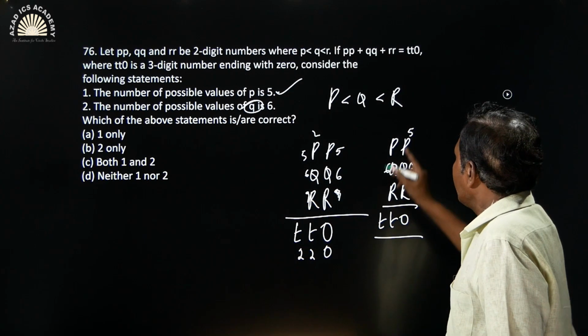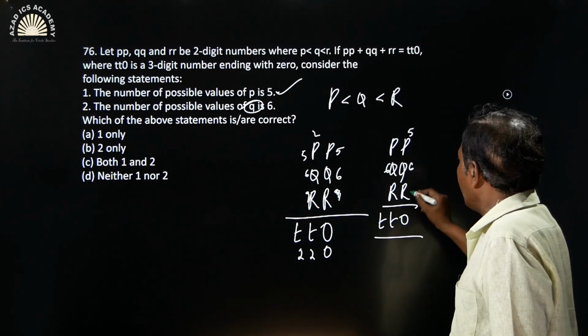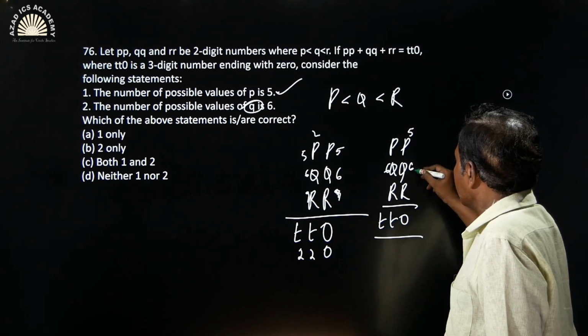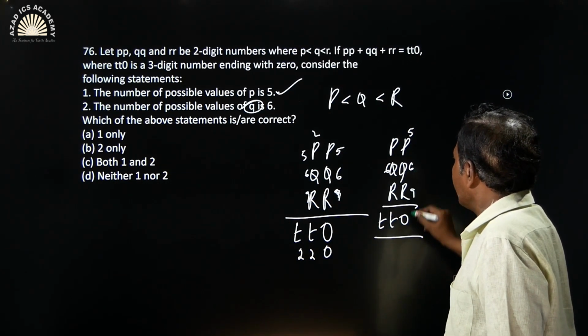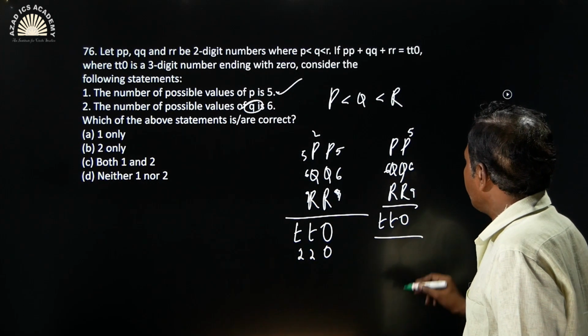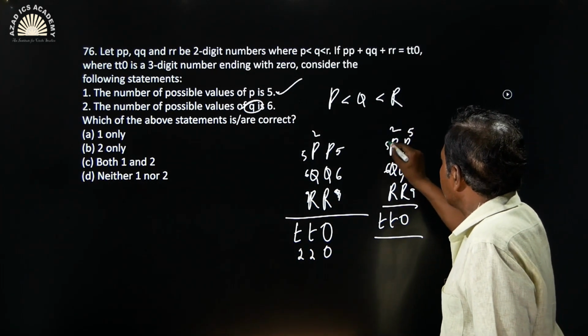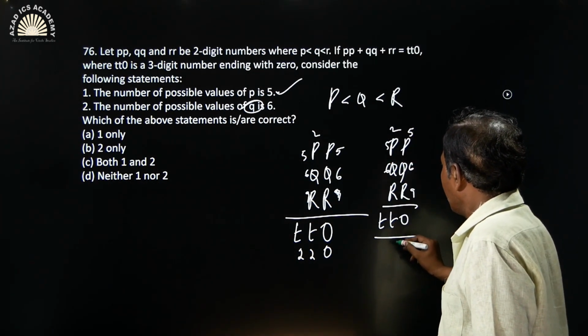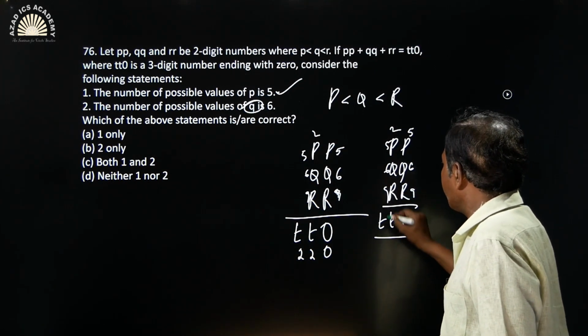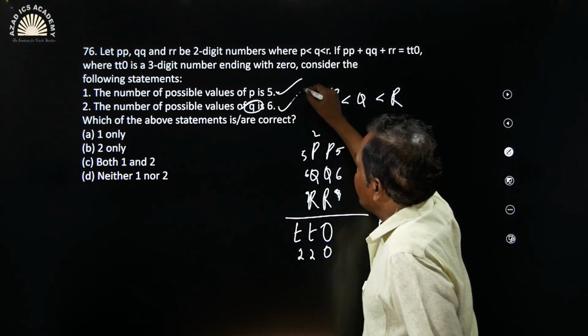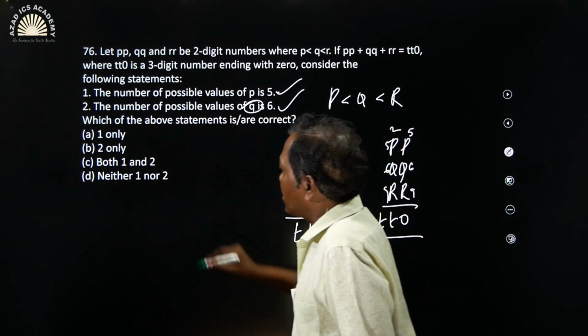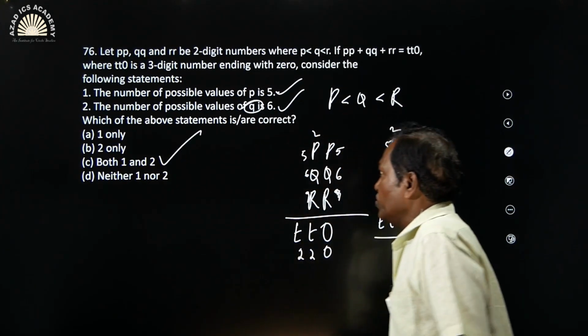And Q is less than R. Let us say again 5 plus 6, 11. R can be 9 again. 11, 9, 22. This can be 7, 13. 13 plus 9, 22. Yes, this is also fine. So both 1 and 2 are correct.